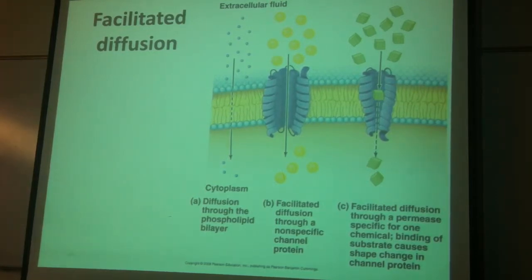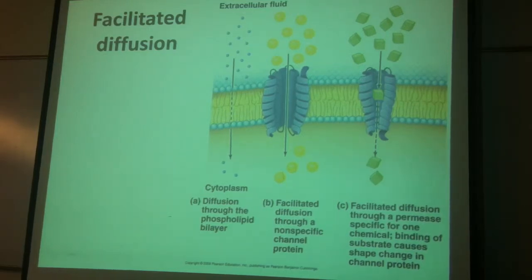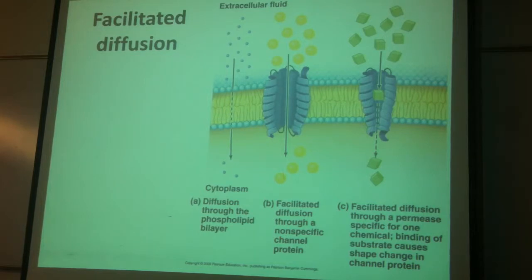If you're moving two substances at the same time in the same direction, it's called a symport. Sometimes they'll take two substances and move them against each other. It's an antiport. Sometimes science makes sense, sometimes the naming is completely weird.